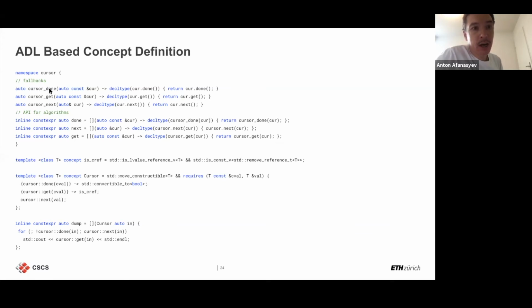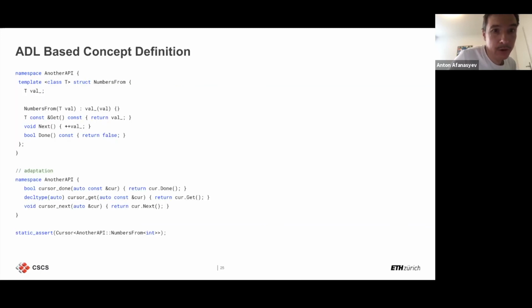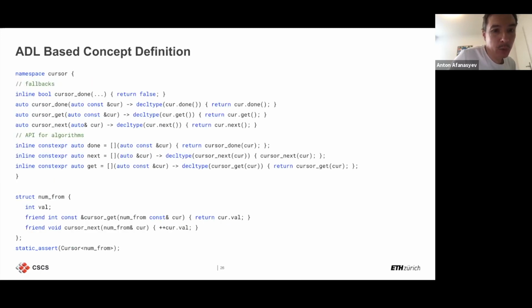Yes, and those fallbacks will go to our previous definition. They will delegate to the methods if the type does have them. But if it doesn't, well, then it's not a cursor.